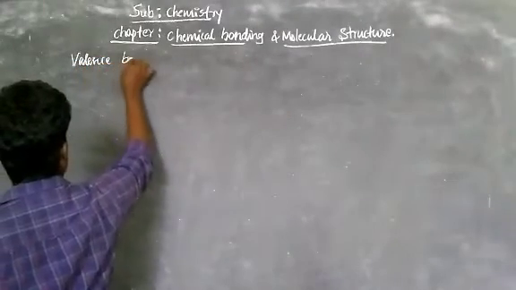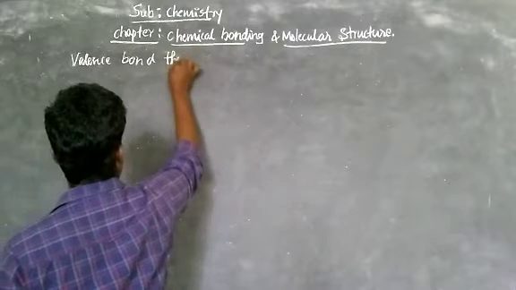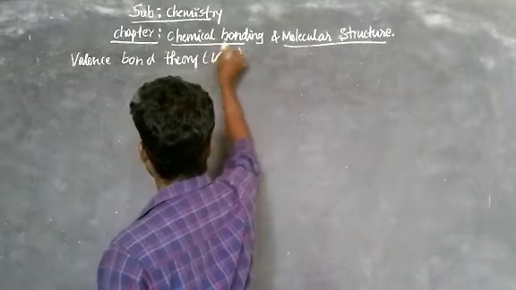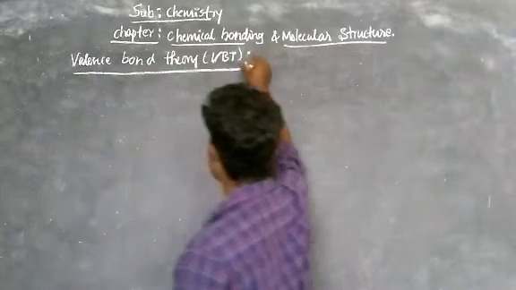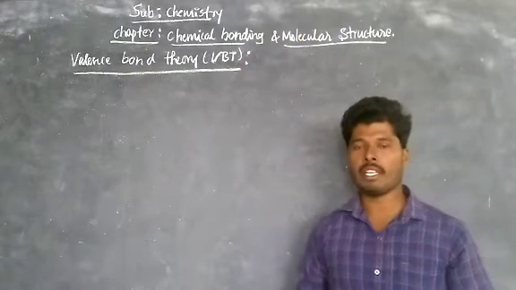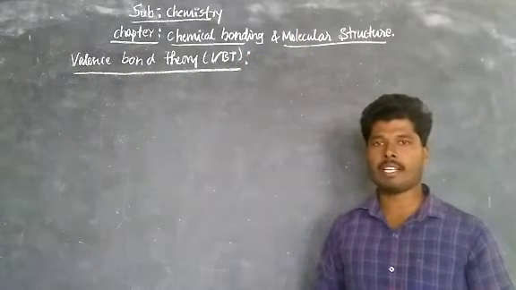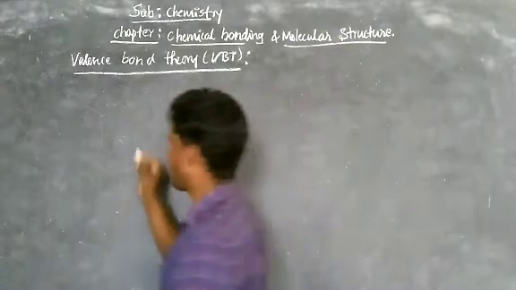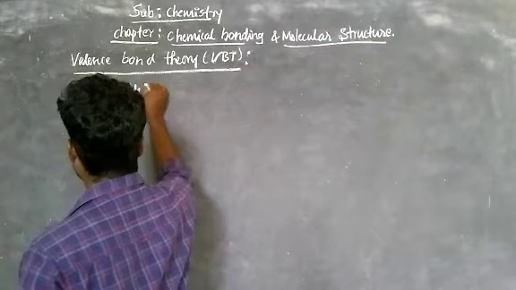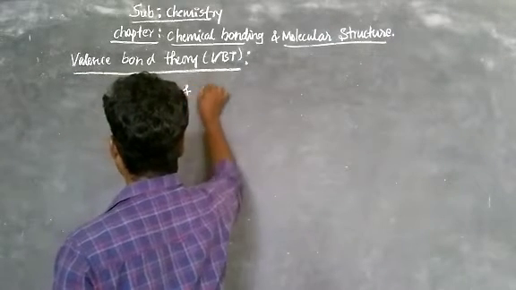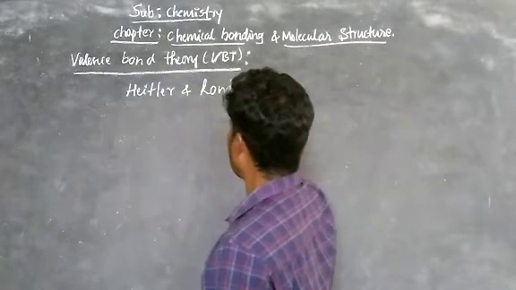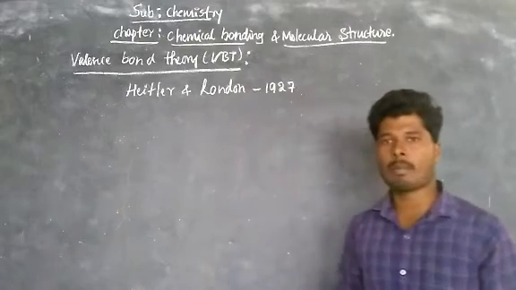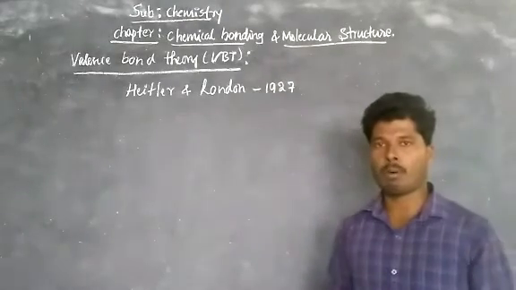Valence bond theory, that is simply called VBT. This valence bond theory was proposed by the scientists Heitler and London in the year 1927 to explain the stability of the hydrogen molecule.